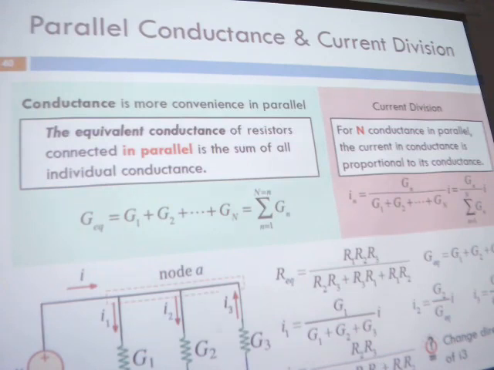This equation might be wrong. This one might be wrong. But this one is correct. Here I might miss the I here, and it cannot be like this.